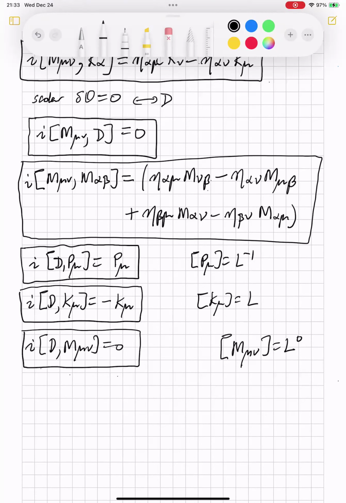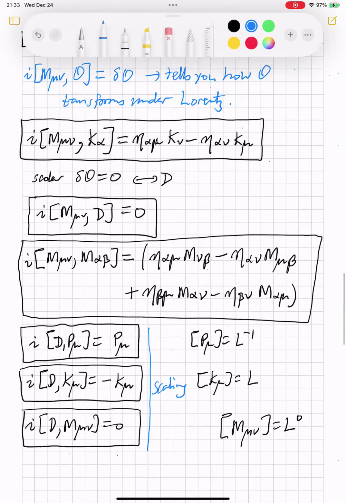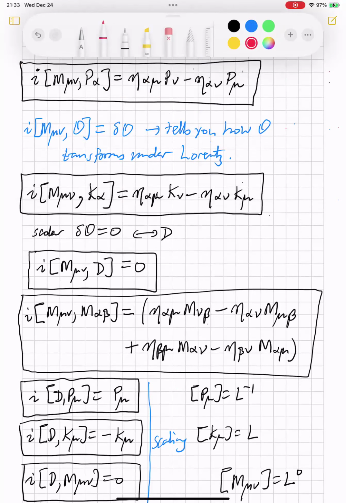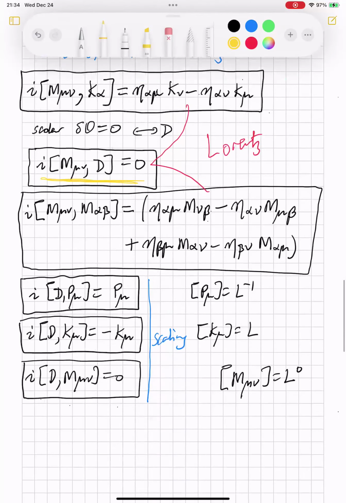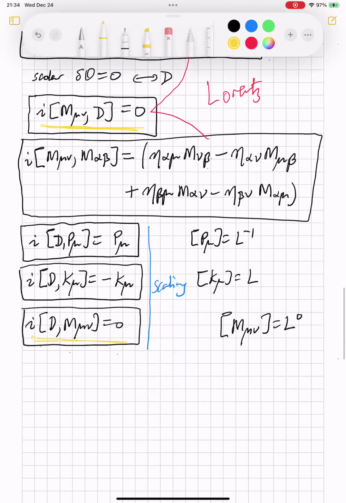So these 3 we argued based on scaling. These commutators over here, we argued based on Lorentz. But notice that the argument based on Lorentz has given us exactly the same as the argument based on scaling. So that's nice. We've got 2 independent ways of learning that D commutes with M mu nu.